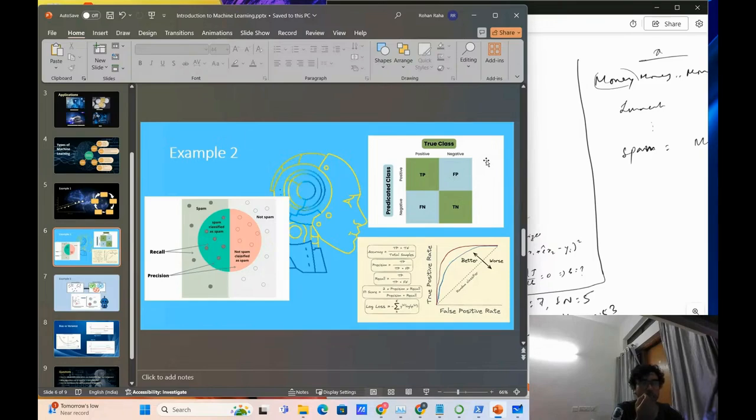You cannot afford to have false negatives, meaning he is truly positive, but you are categorizing him as negative. That person will not receive the treatment, and that would be a very bad thing. So in that case, you try to minimize your false negatives, right?